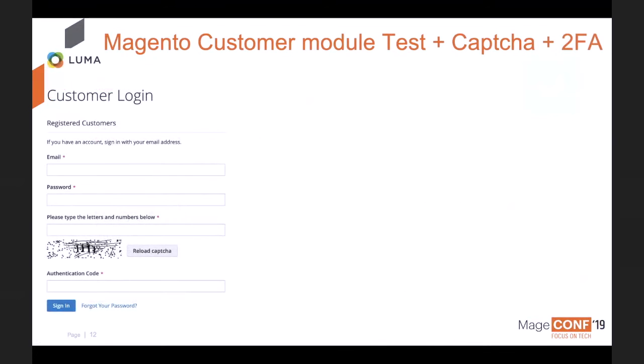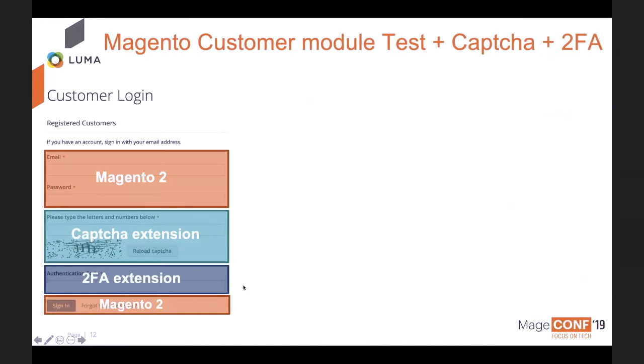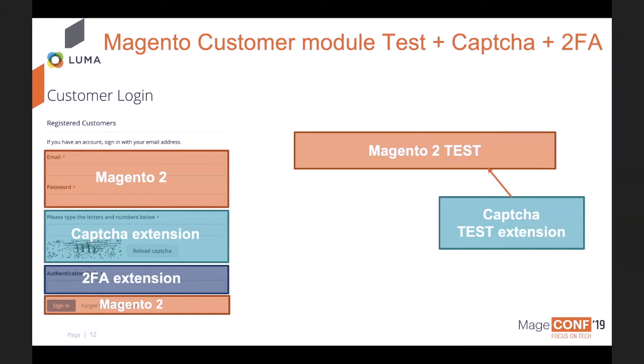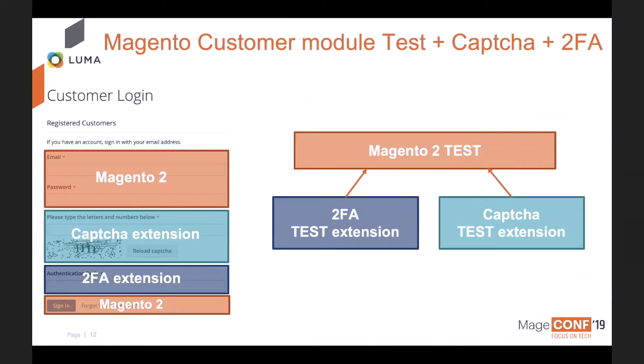The same thing happens if you have the 2FA extension installed. So we have Magento fields, we have the CAPTCHA extension field, we have the 2FA extension, and the Magento 2 sign-in button. The same Magento 2 test can be extended by the CAPTCHA test extension, as I showed you before, and the same thing can be written from the 2FA extension.